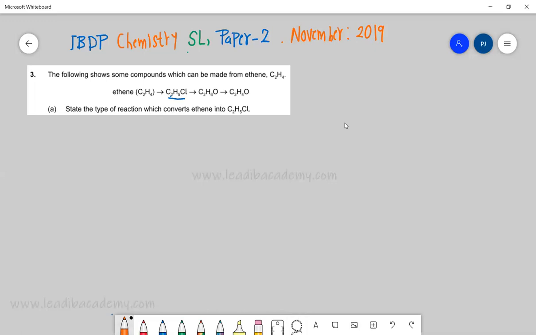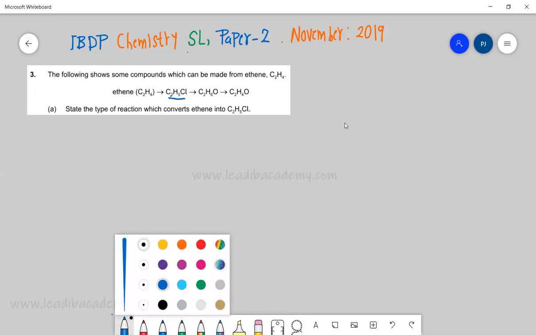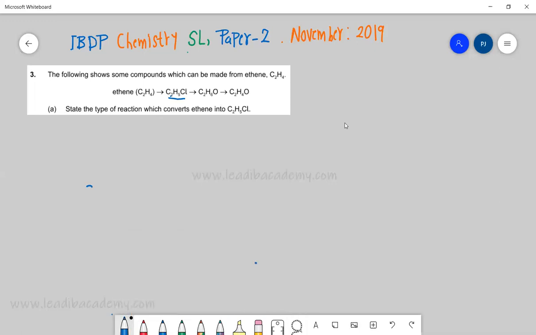First thing first, let's understand what kind of reaction this is. Ethene is getting reacted with hydrogen chloride.